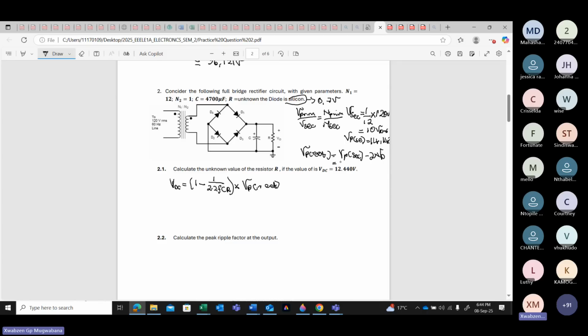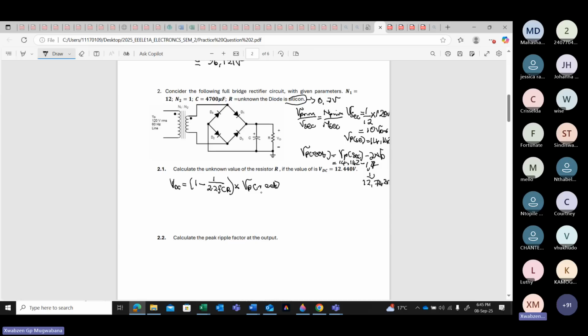Which means here it is going to be 14,142 minus 1,4 volts, because if you double this one, you're going to get this, which will give you 12,742 volts. Are we together? Which is your V peak rectifier.